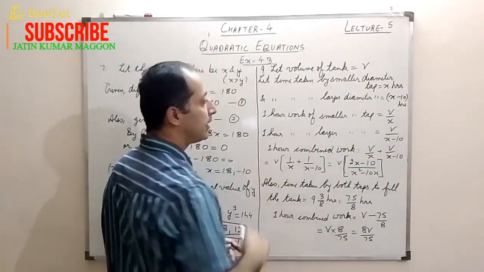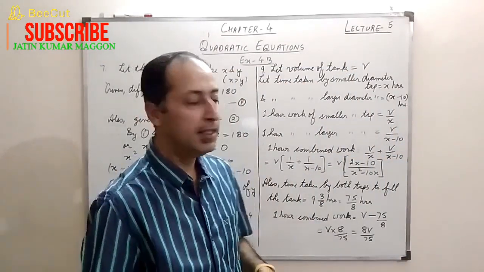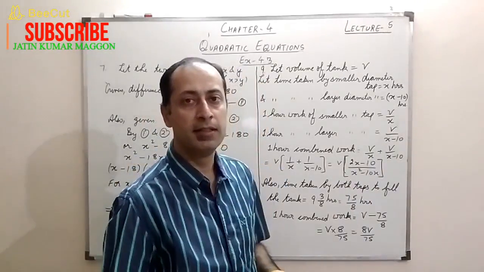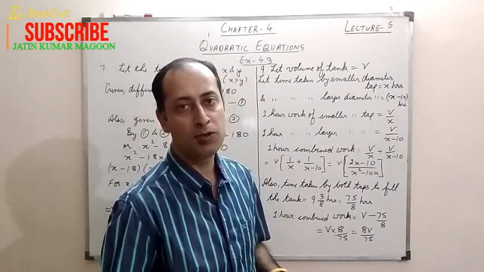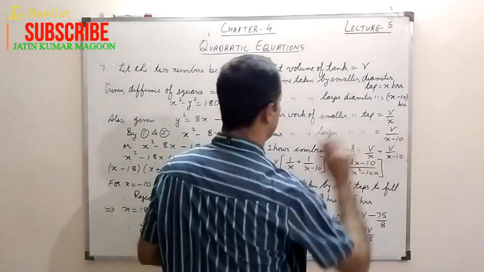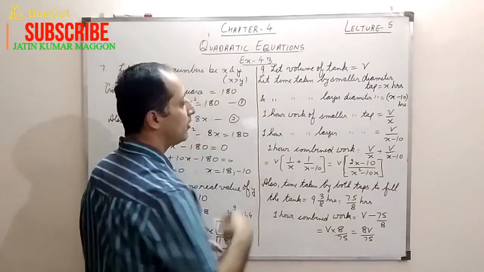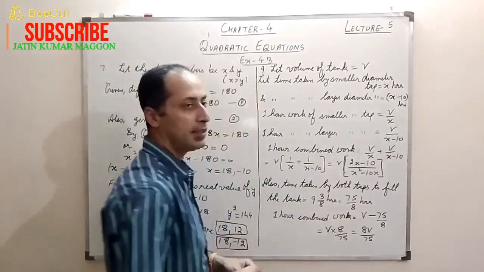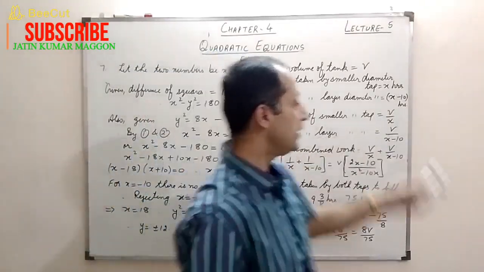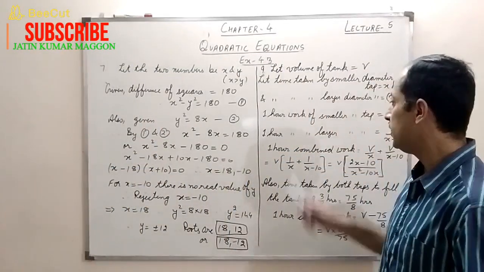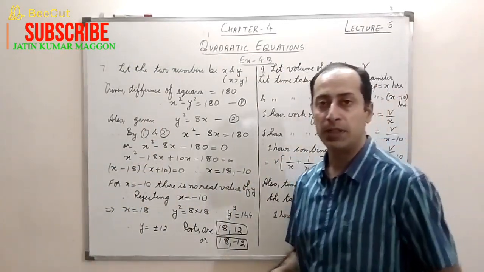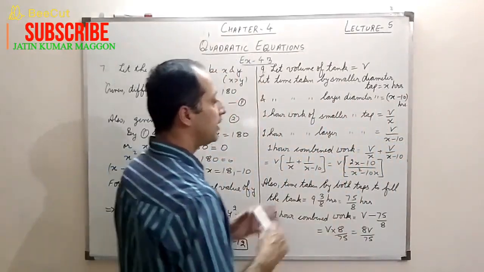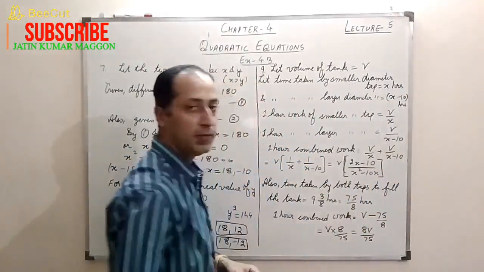So the 1 hour work of the smaller diameter tap equals the volume of the tank upon the time it takes to fill the tank if it is open individually. So V by x. Same way, the 1 hour work of the tap of the larger diameter would be V upon x minus 10. It means if they open together, the combined work would be the sum of these two, right?